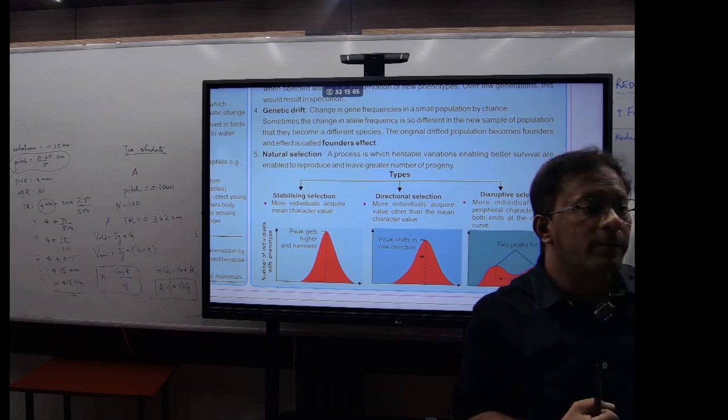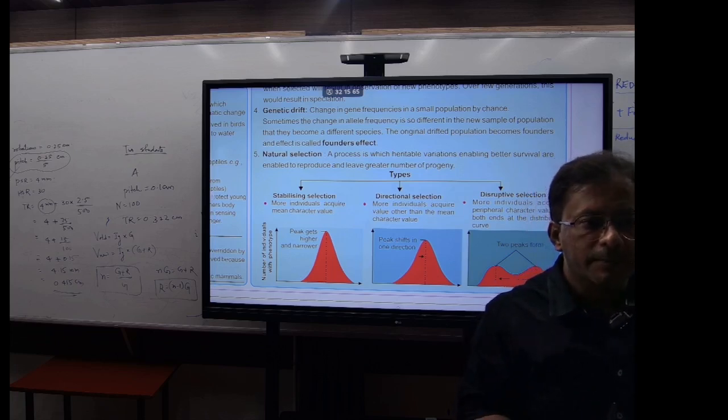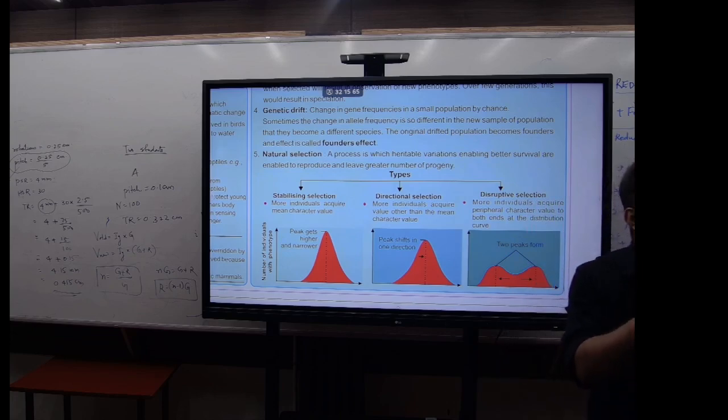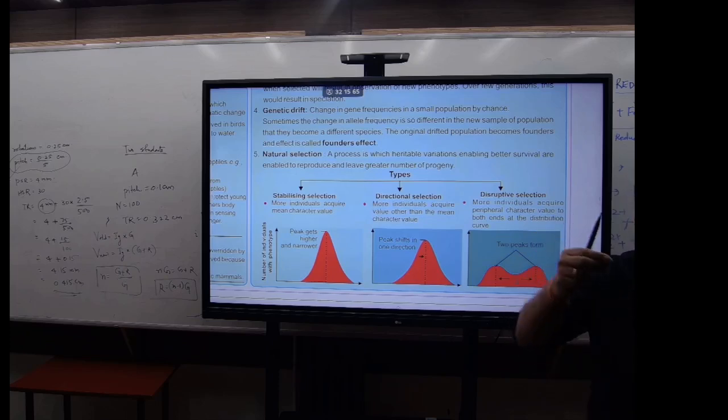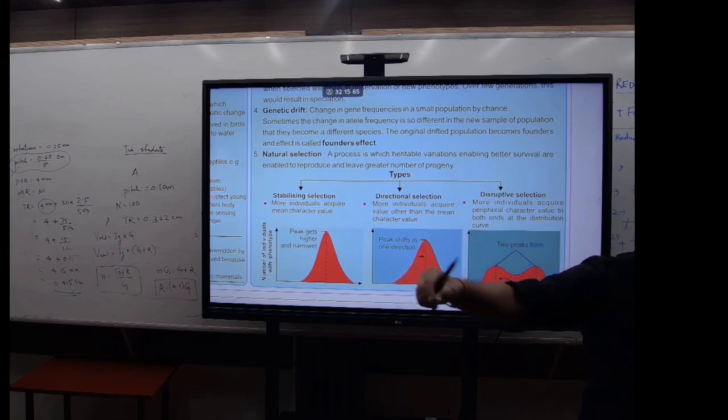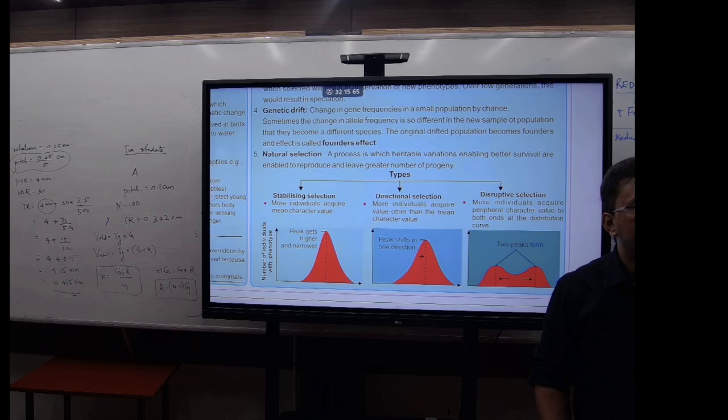Are you following my point? So nature selects the characters which help the individuals to survive better in that environment. Are we clear here? So 3 types of selections: stabilizing, second one is directional, and third one is disruptive. Are we clear? Right.